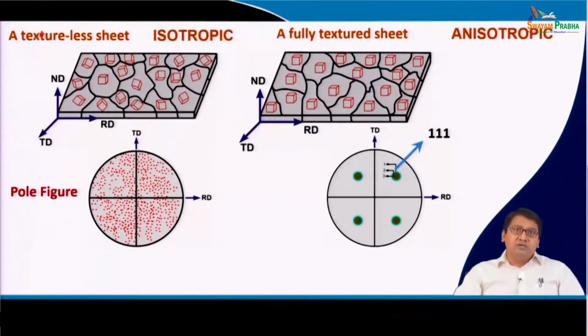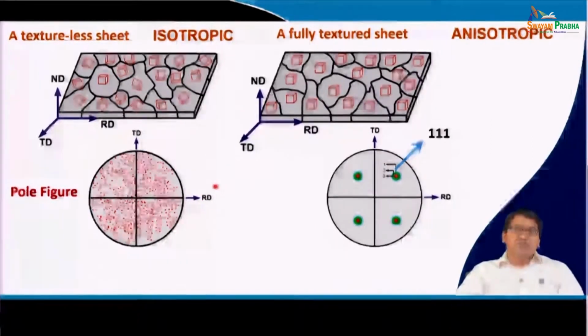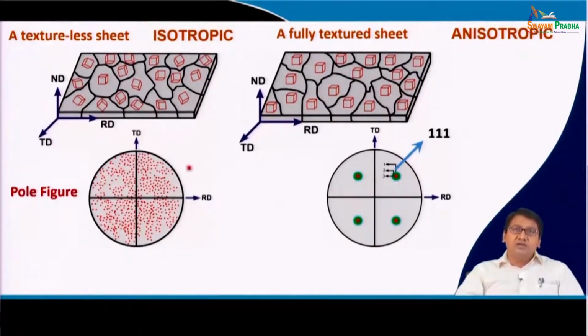So, you see that each of these grains has a different orientation in 360 degrees in three dimensions of space. And so, if we look into the pole figure, we will find orientations present throughout this pole figure. When we show a pole figure, we give the rolling direction and the transverse direction, and in the center it is the normal direction.